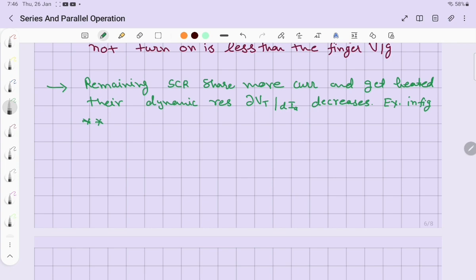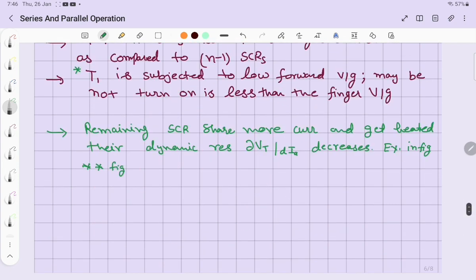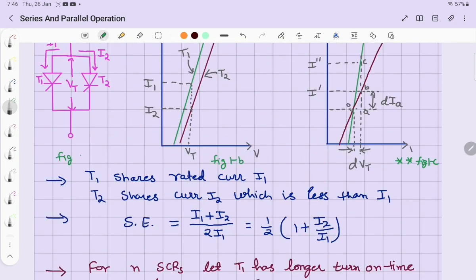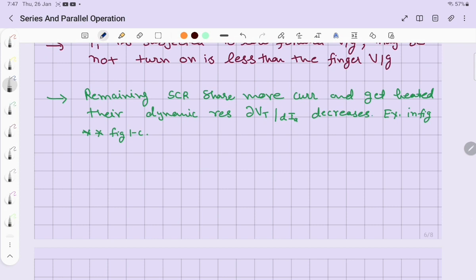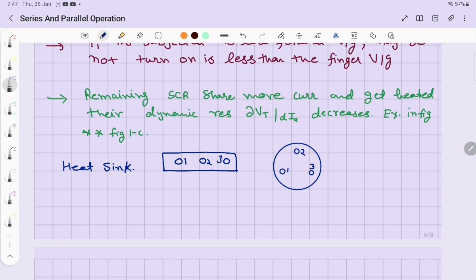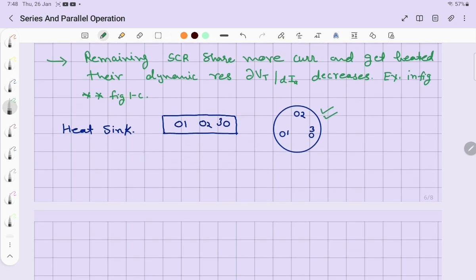The remaining SCRs, that is thyristor T2 and the others, will get heated. Why? Because T1 is sharing less current and T2 is sharing more current. Their dynamic characteristic also decreases.